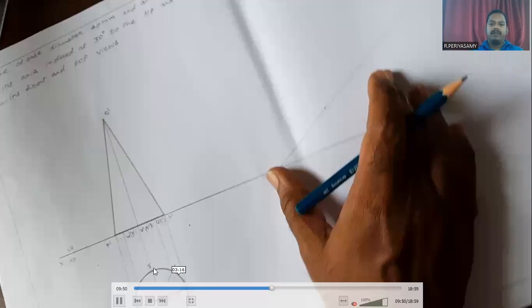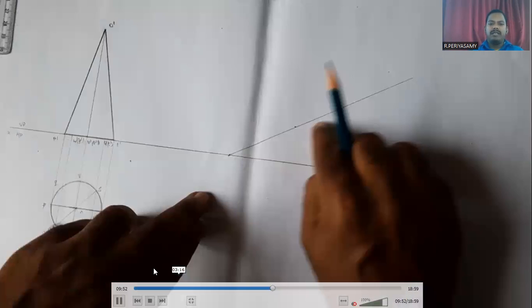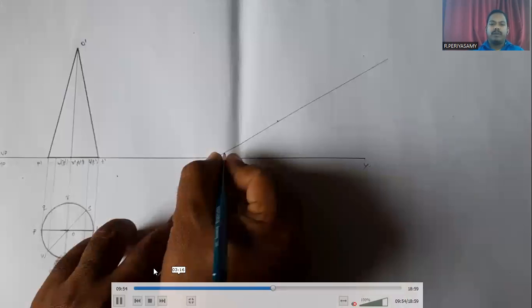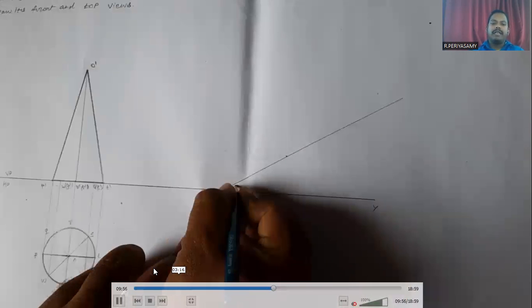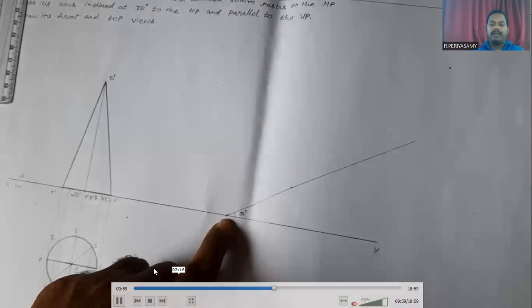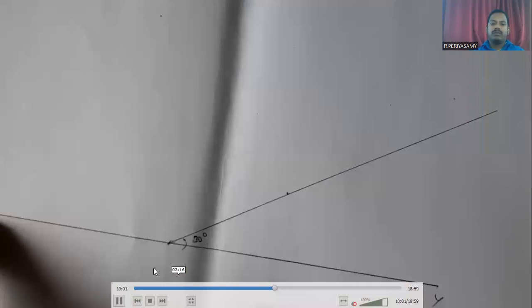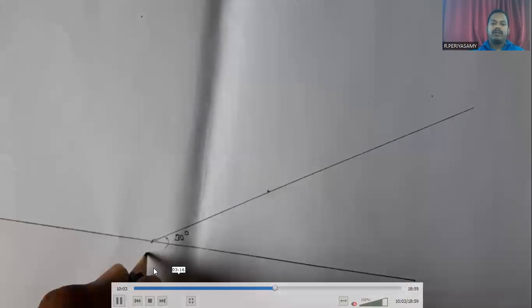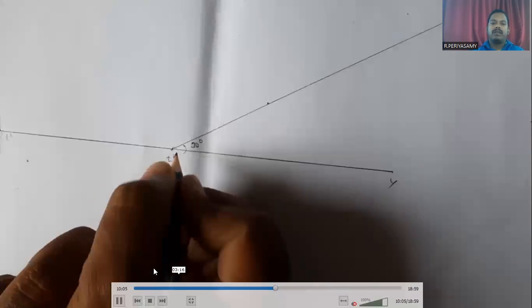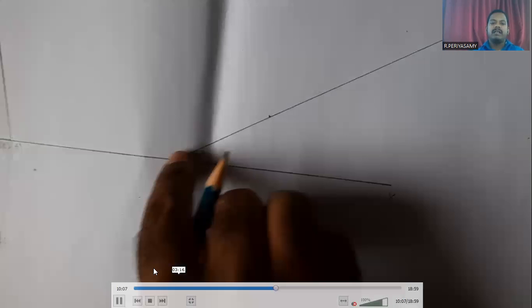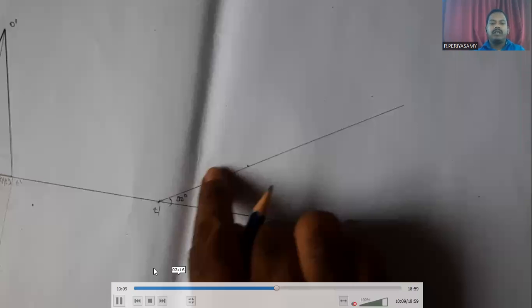Next, we draw one perpendicular line to the 30° inclination line from that point. We use the protractor. This point is denoted as T dash, here T1 dash.